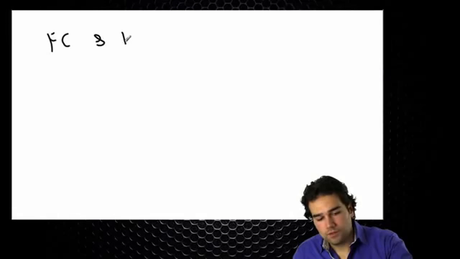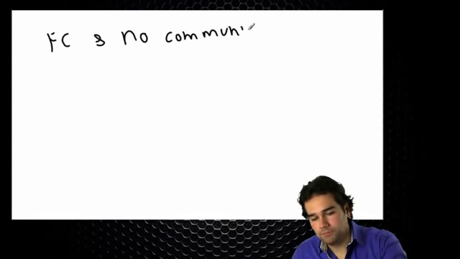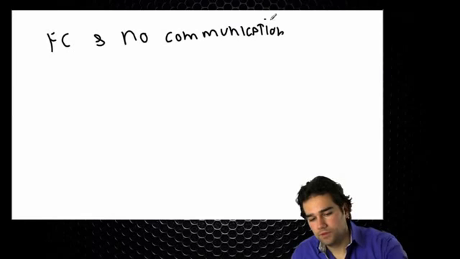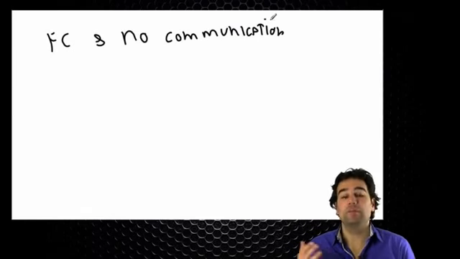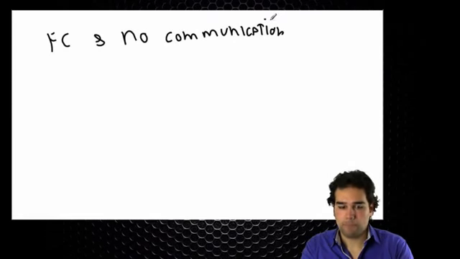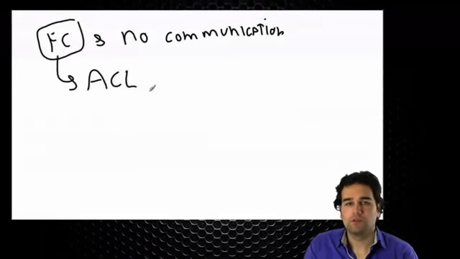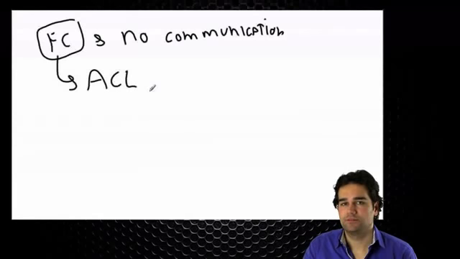In fiber channel, no communication whatsoever when you boot up. I do not communicate with anybody else in my network unless I specifically have given permission. So in my fiber channel network, I will build kind of access lists.